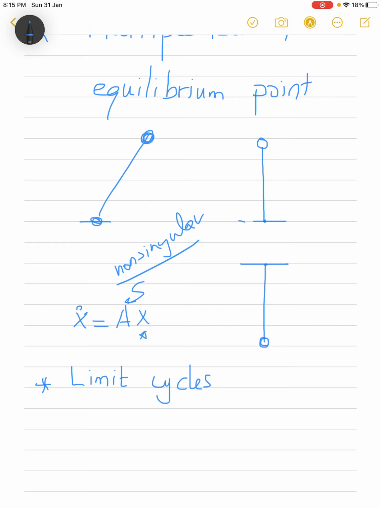In some cases, we need to have devices that obtain an oscillatory response that should be independent of the initial conditions, and should also be reliable. Because in linear systems, any small perturbation will shift the eigenvalues from the j omega axis, and we lose the oscillatory output.